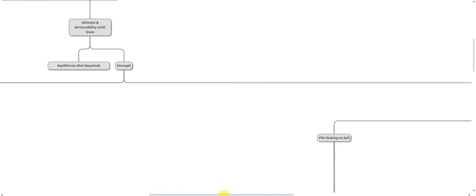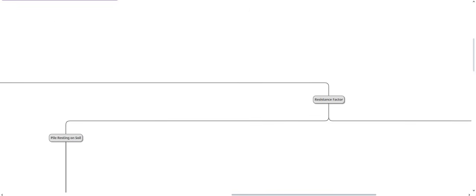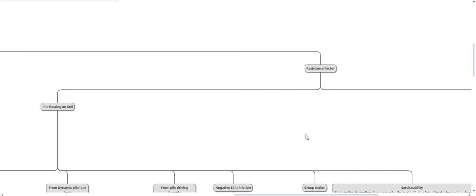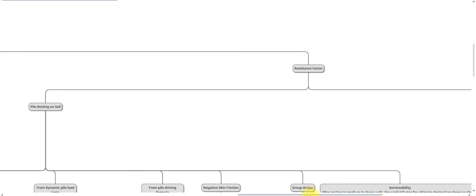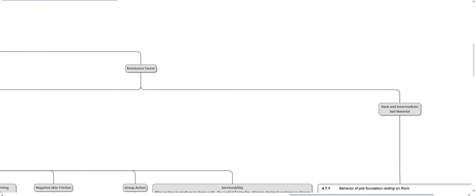Moving on to the next factor, that is the resistance factor. As we have already discussed, the resistance factor depends on how we calculate the capacity. There can be options: either the pile is resting on soil, or on rock, or on intermediate soil material.